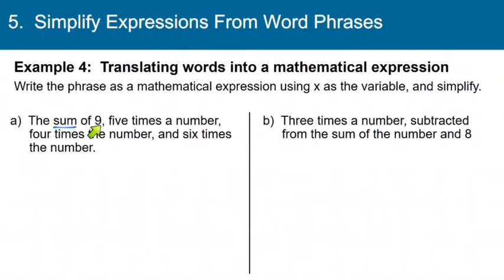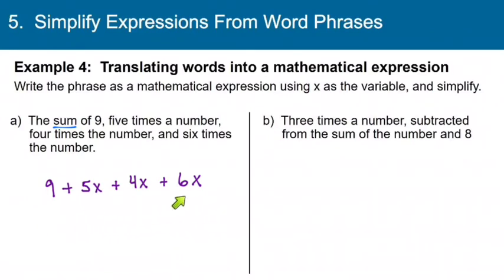So we'll have 9 plus 5 times a number. Okay, we would just represent this as 5x. So that's going to be plus 5x plus 4 times the number, so plus 4x, and plus 6 times the number, so plus 6x.